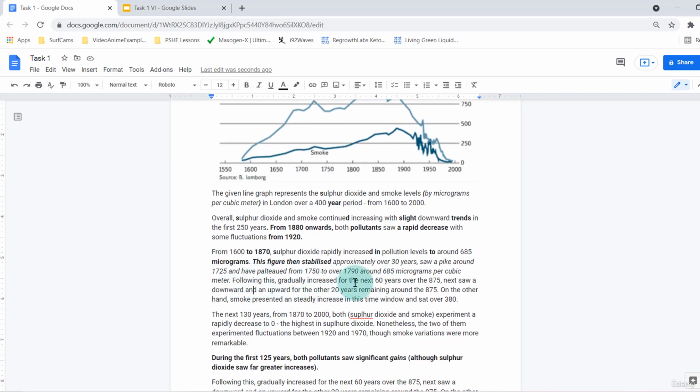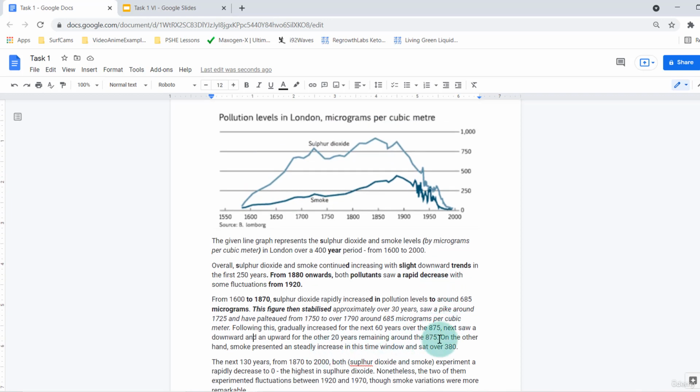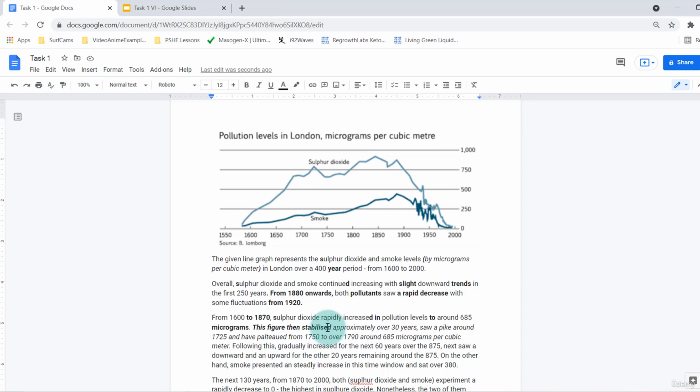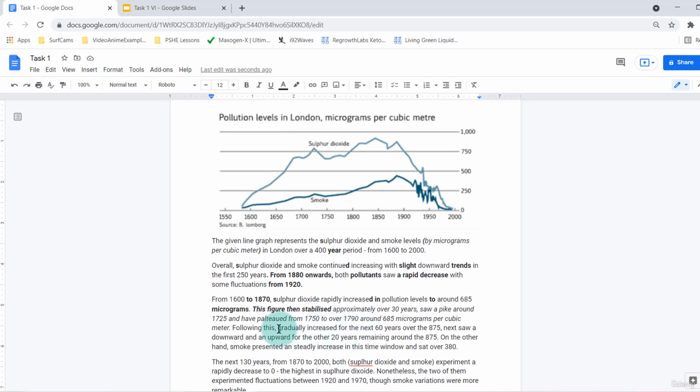Following this gradual increase for the next 60 years over the 865, saw a downward trend. So again, there are some big grammar mistakes in here. I'm not going to go through again and edit this, but I wonder if I can make some quick edits. Following this gradual increase for the next 60 years. So we could probably just get rid of this.